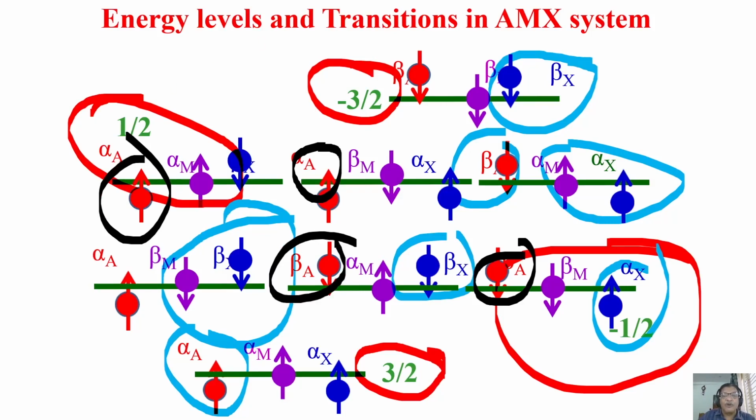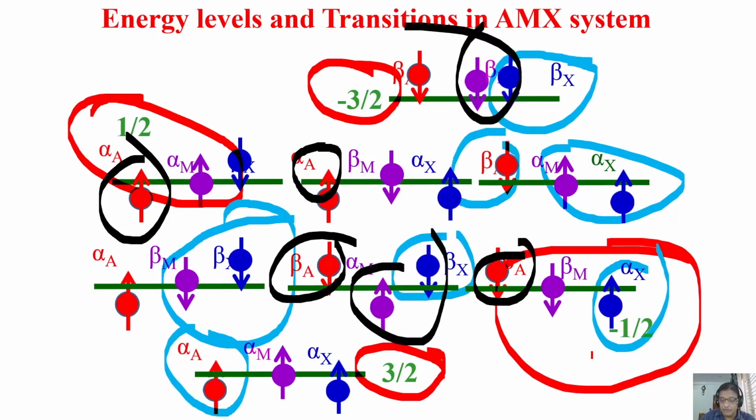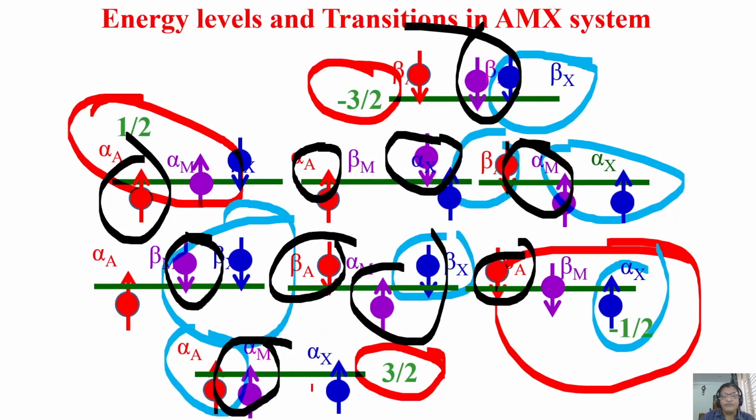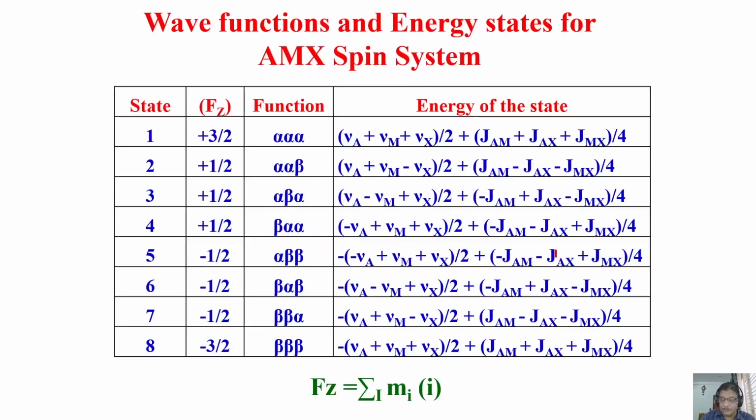Work out now. 4 for X, 4 for A. How many should there be for M? Exactly, again 4. Look at this. Alpha M is changing to beta of M. What about here? Alpha of M is changing to beta of M. This one, alpha of X is changing to beta of M. So like this, you can work out all 4 transitions.